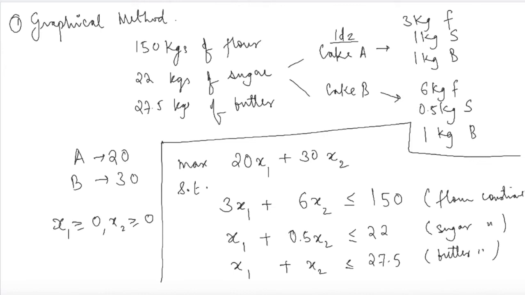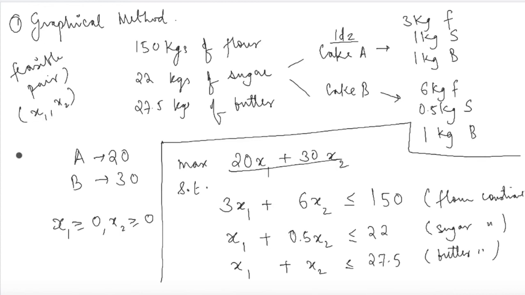Now, how do we proceed for the solution? First let's understand what is the meaning of a feasible pair. So definitely we want to know a pair of x1, x2 values such that profit is maximized. A pair x1, x2 which states the amount of dozens of cake A produced and dozens of cake B produced.